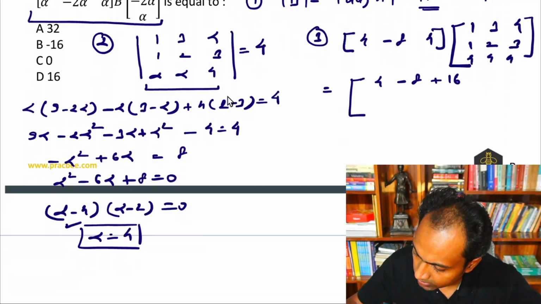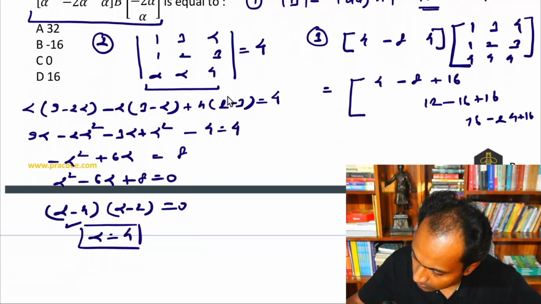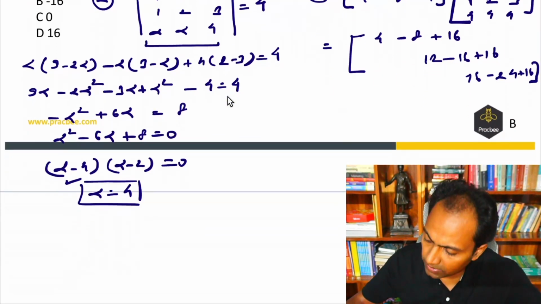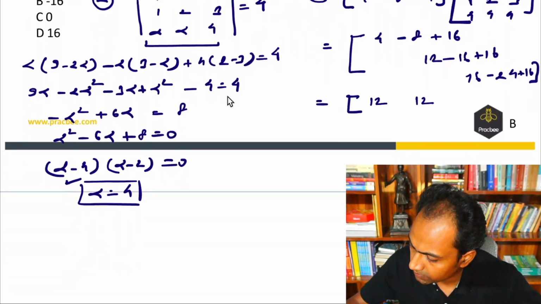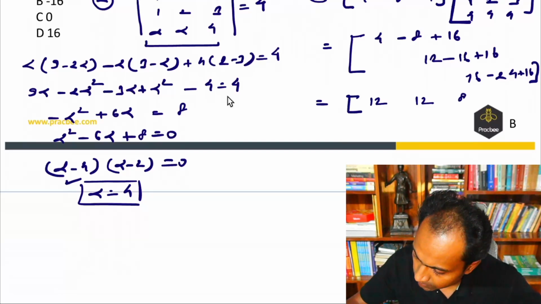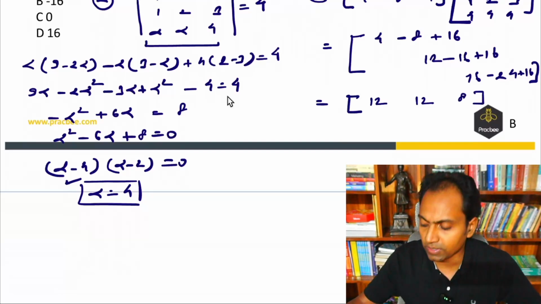It will come out to be nothing but 12 minus 16 plus 16, and the third element of the row will become nothing but 16 24 16. Now if I simplify this in one row, we will get elements like 4 minus 8 plus 16, so this will become 12. Then the second will also become 12, and the last one is nothing but 8. So this is the matrix we are getting after multiplication of the first 2 parts.